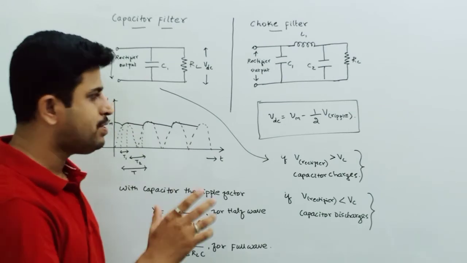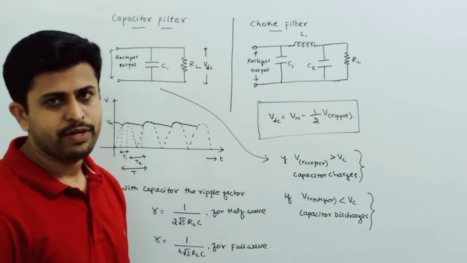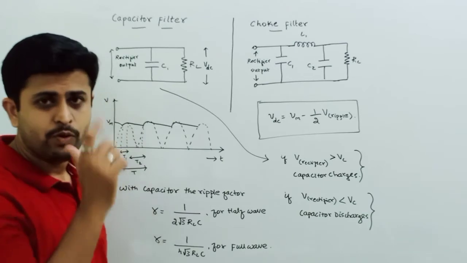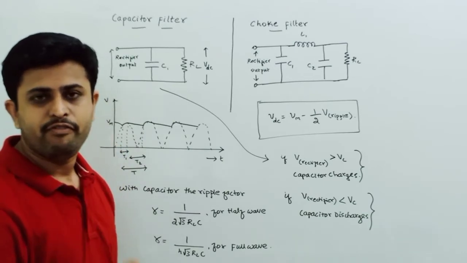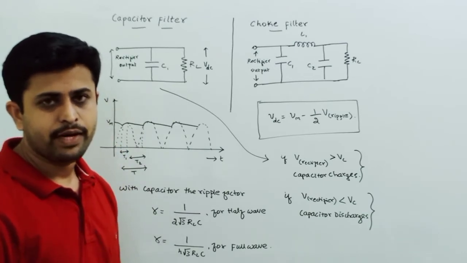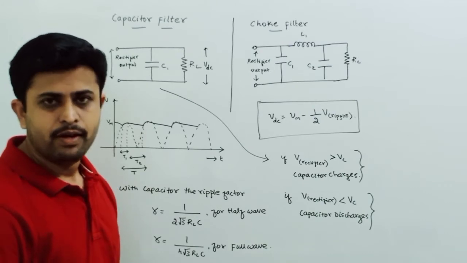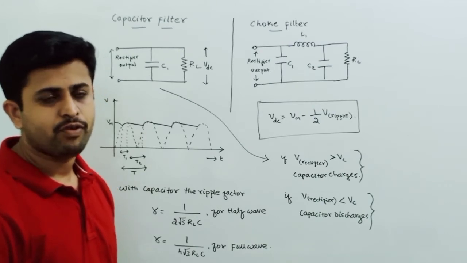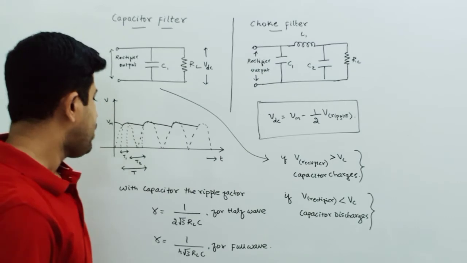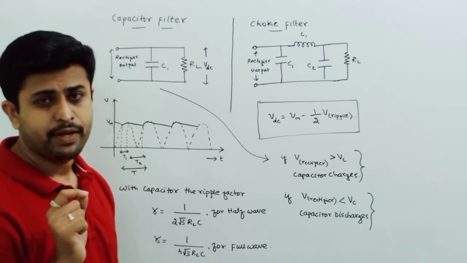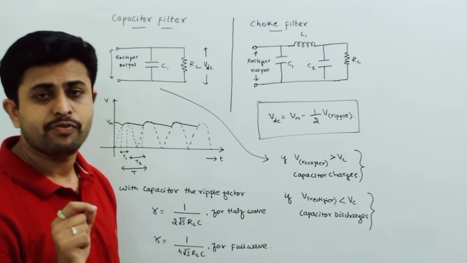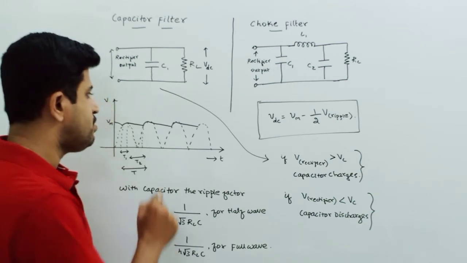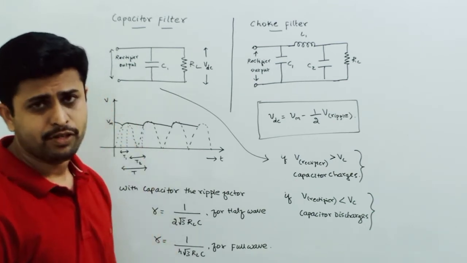This is how a simple capacitor filter works. We know that we have already calculated the ripple factor for the full wave rectifier as well as for the half wave rectifier, and the ripple factor has to be reduced after using this capacitor filter.